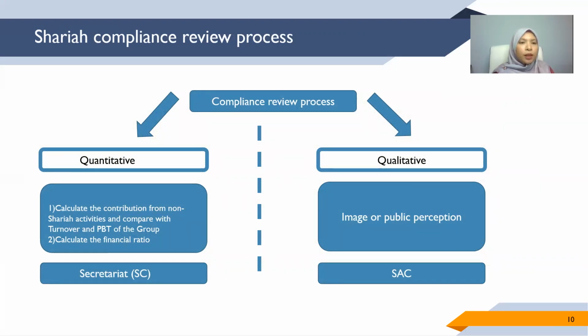However, in quantitative, the contribution from non-Sharia activity is calculated and compared with the turnover and also the PBT, profit before tax, of the group. And then we also have to calculate the financial ratio. So it is very much work, banyak kerja yang perlu dilakukan.